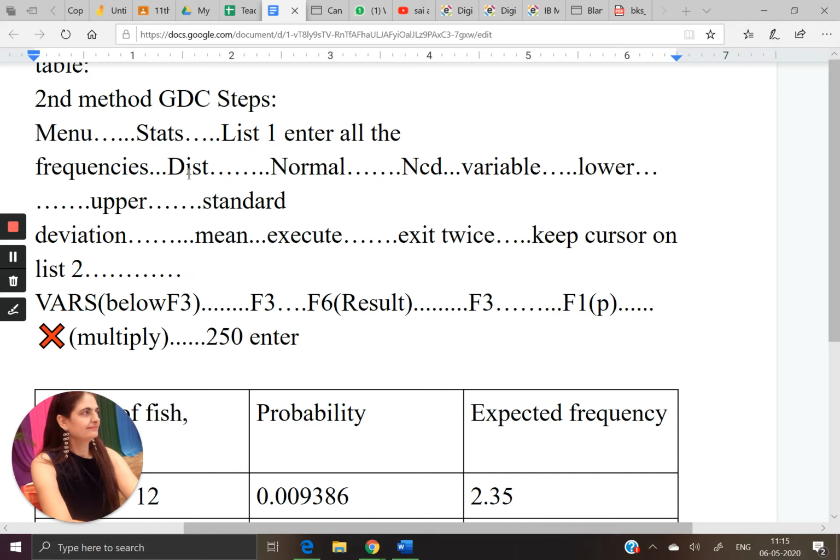Then go to distribution, normal, NCD, variable, and in the lower and upper you will put 9 and 12. Put the standard deviation, enter the mean and execute. You will get this probability which you have already done as I showed you previously, 0.009386.